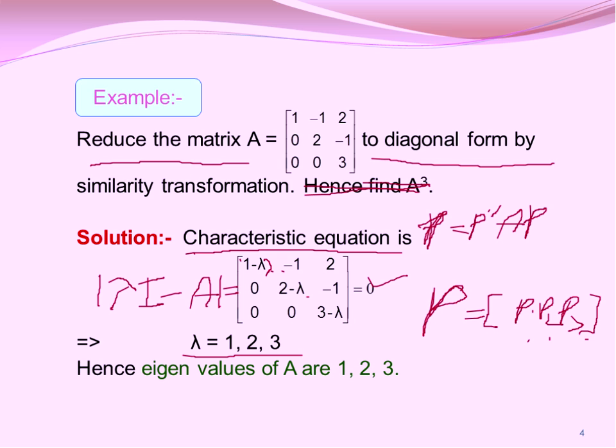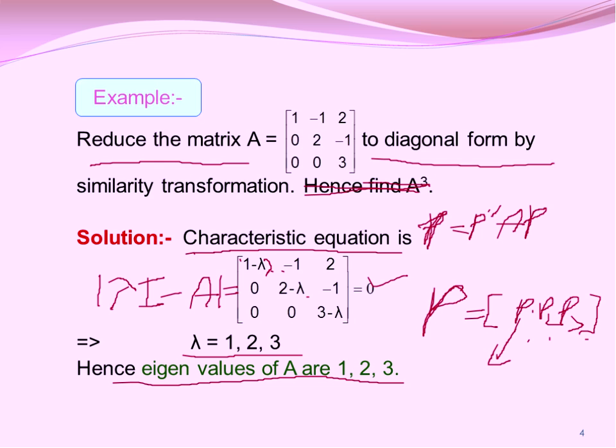The roots of this characteristic equation are called the eigenvalues. Hence, the eigenvalues of A are 1, 2, 3.